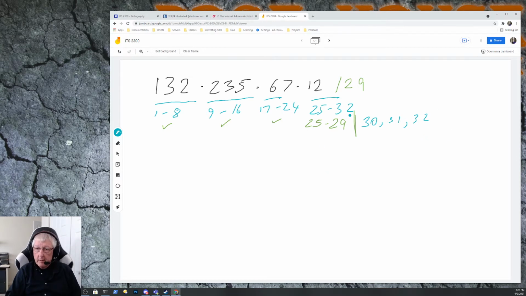Okay. So in order to make this work, we're going to have to take this very last number, which is split between the subnet identifier and the address identifier bits. We're going to have to take this 12 and break it down into the 8 bits.